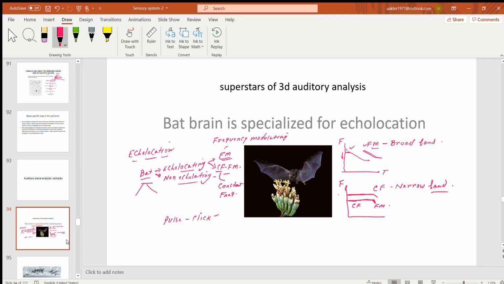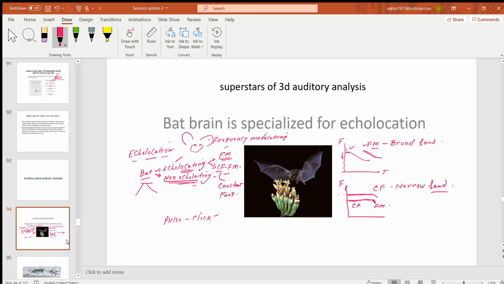However, non-echolocating bats have bigger eyes, and you will see they use their eyes to catch prey, or find food, or fly, find the way. But echolocating bats don't use their eyes a lot. That's why their eyes are smaller. But if you see the echolocating bats, their ears are pretty big, with large pinnae.